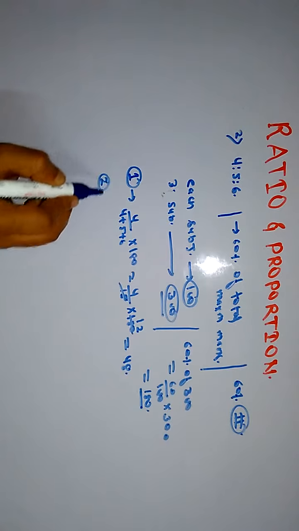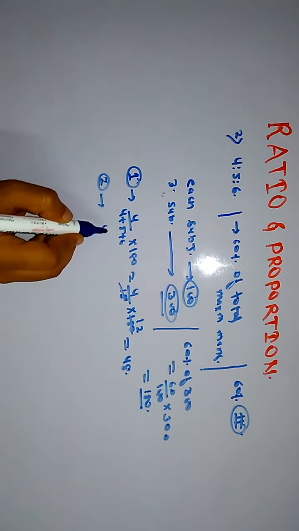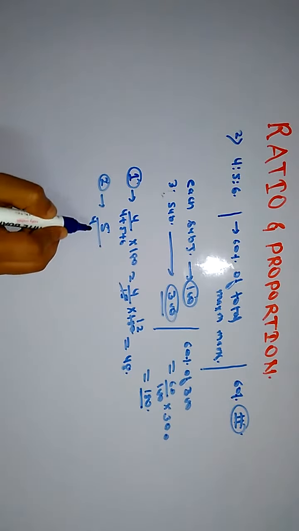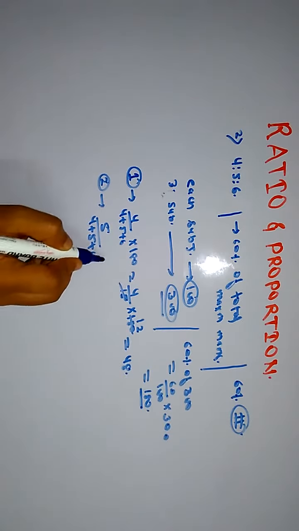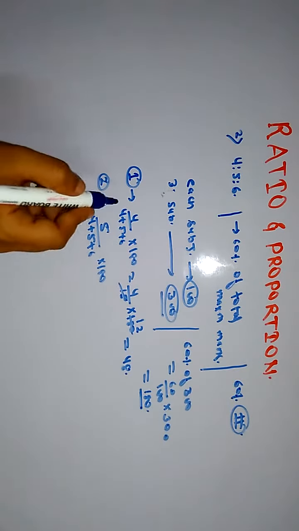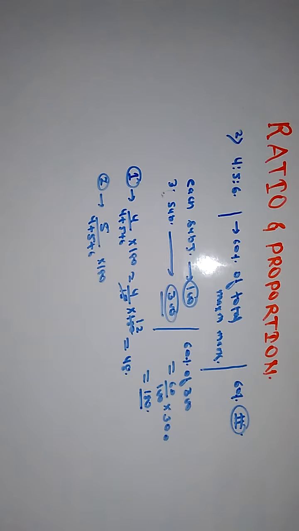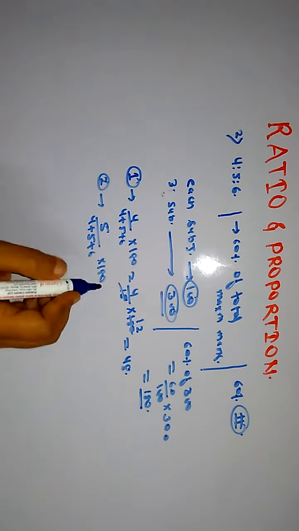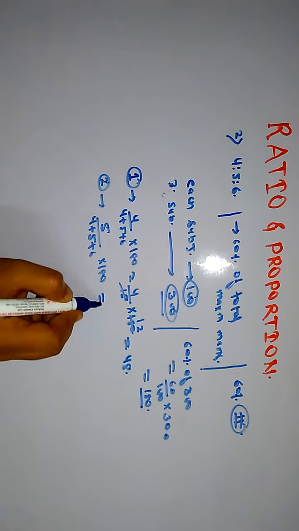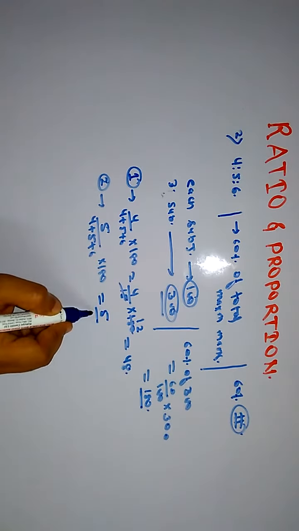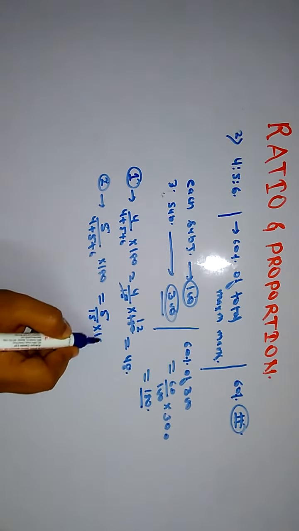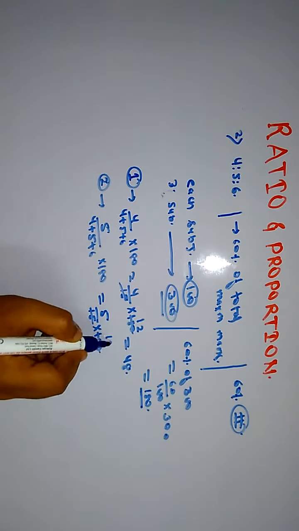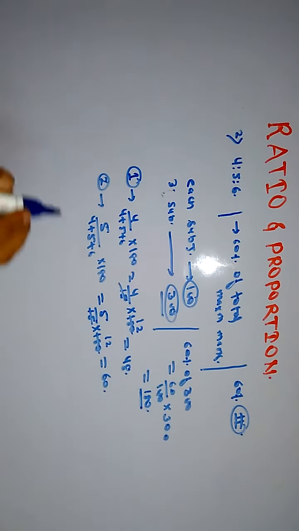In the second subject, how much is he scoring? 5 upon 4 plus 5 plus 6 into 180, so 5 upon 15 into 180. This is the formula we learnt in the previous class: the value of each part can be calculated by that formula. So he scored 60 marks in the second.